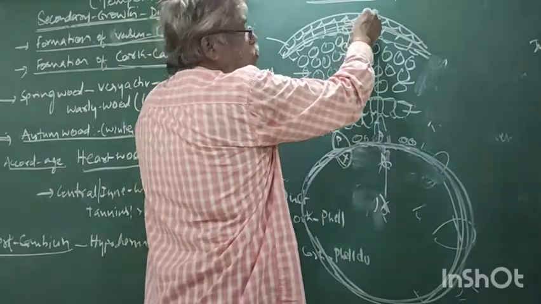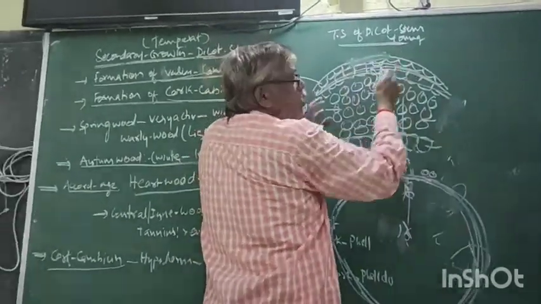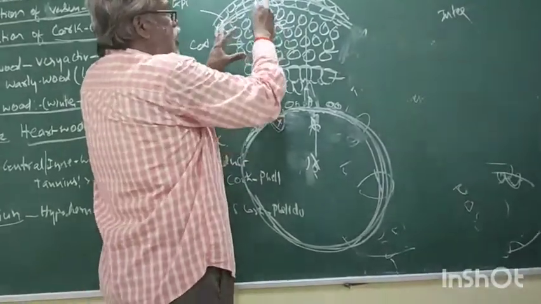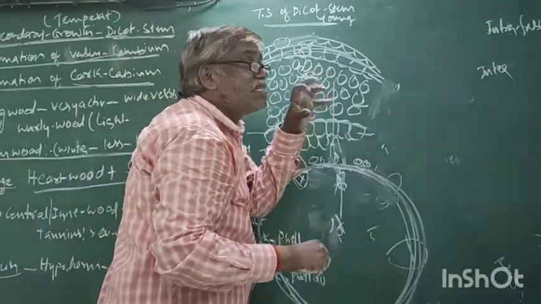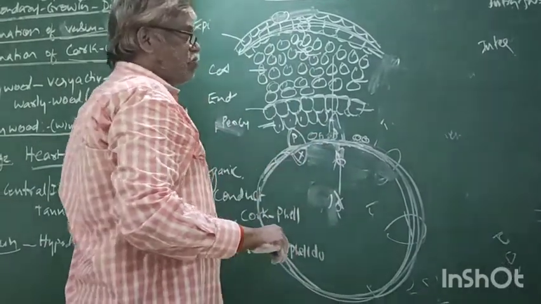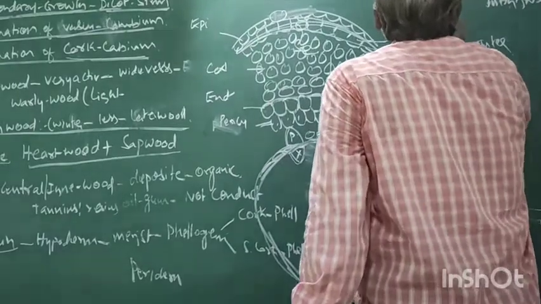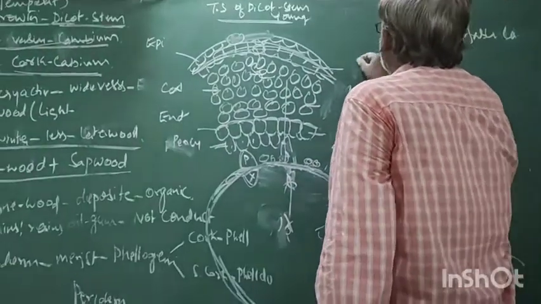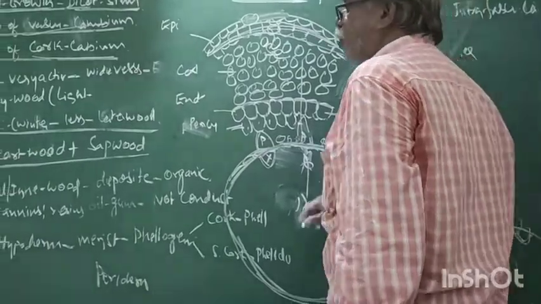When the cork is formed, the epidermis gets the pressure and the epidermis will break down. Where the epidermis breaks down, that area is called lenticels. Cork cambium, which is called phellogen.